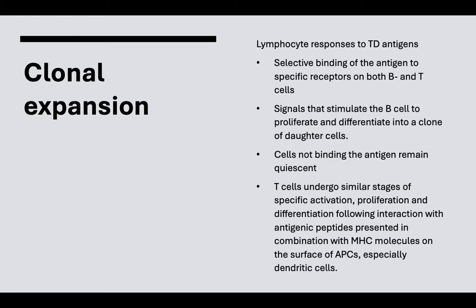Those cells that do not bind to antigens will remain quiescent. In contrast, cells that bound to antigens will undergo specific activation, proliferation, and differentiation following antigen presentation via the MHC.